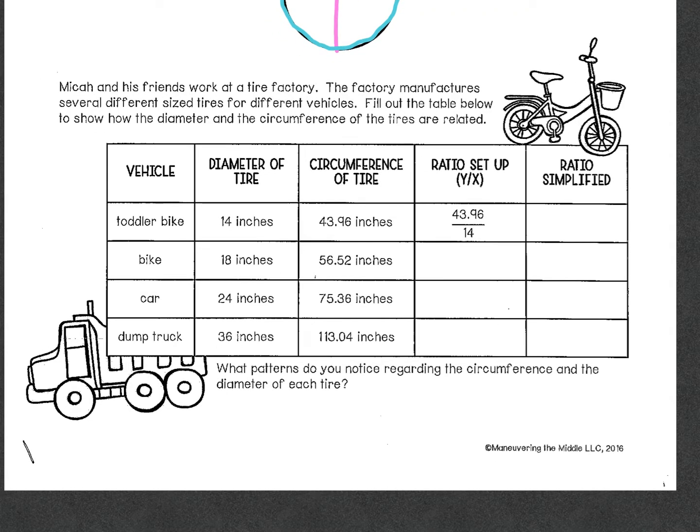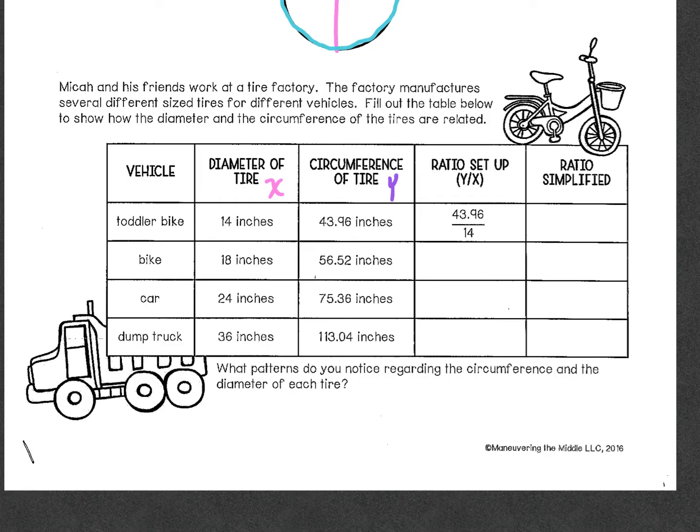Mike and his friends work at a tire factory. The factory manufactures several different size tires for different vehicles. We're going to fill out the table below to show how the diameter and the circumference of the tire are related. If we set up our ratio like we talked about before, our diameter is going to be our x and our circumference is our y.